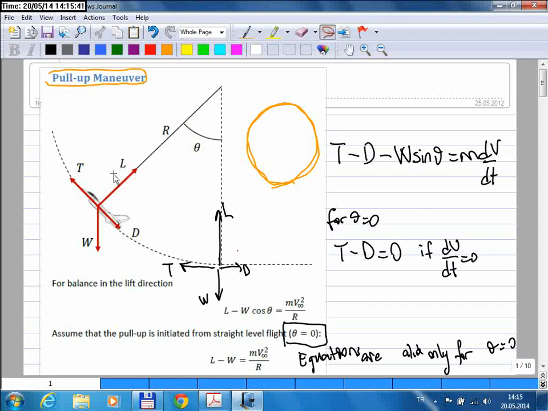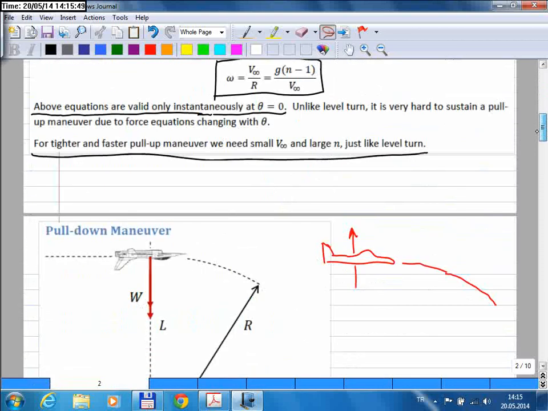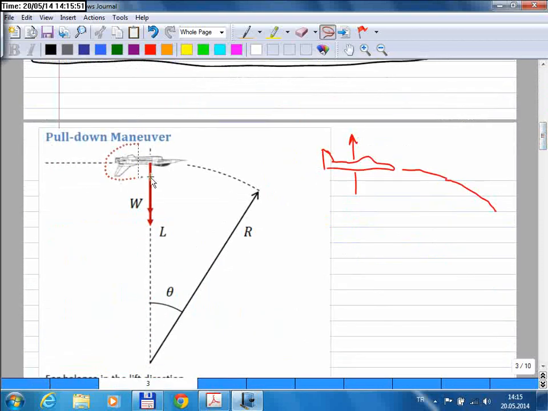Well, it depends. If the aircraft is designed to perform such a flight, you can do that, right? I mean, let me show you. Let's take a look at this. Normally, let's forget about the pull-down maneuvers, and the aircraft can steadily fly like that upside down if it is designed to do so. So obviously, the lift force should be in this direction, right?